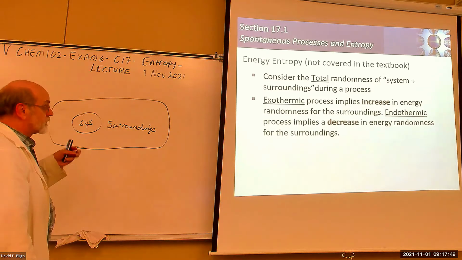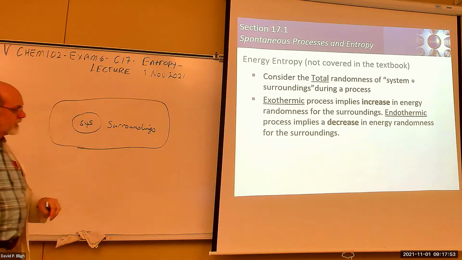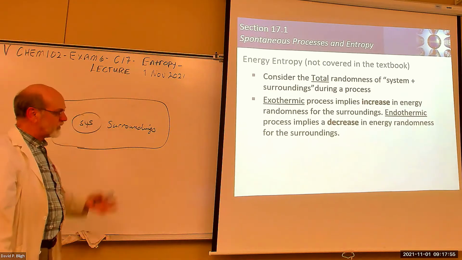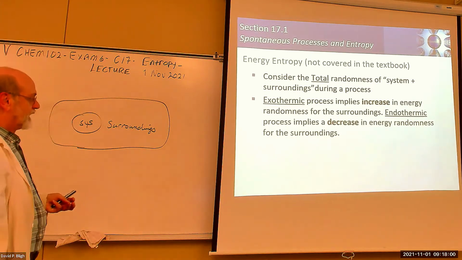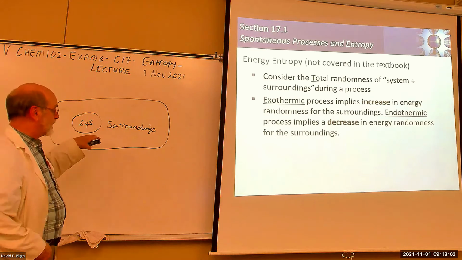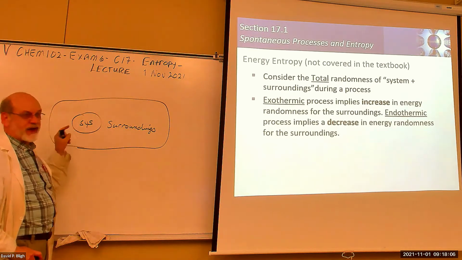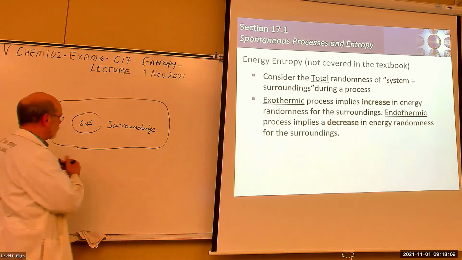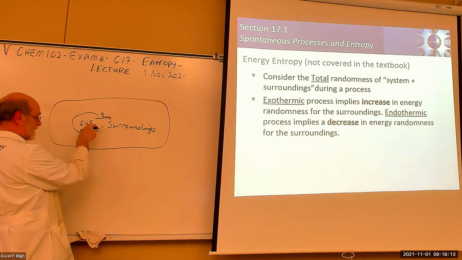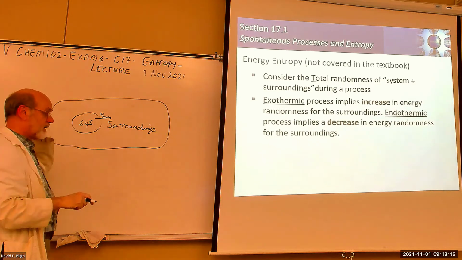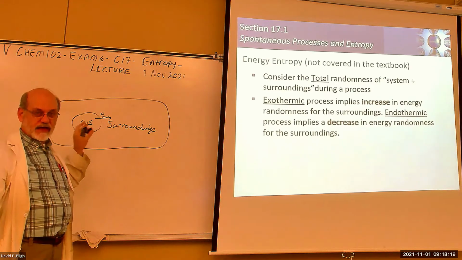So when we consider the total randomness as a combination of these two, we add their randomness together, their entropies together. An exothermic process implies an increase in energy randomness for the surroundings because we're moving energy from inside the system to the surroundings. So the surroundings increase their entropy based on the energy input.